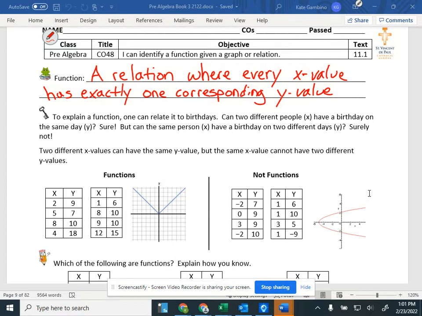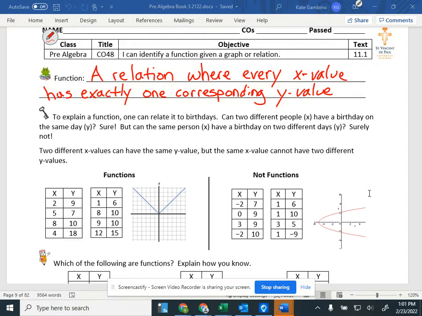So to explain a function, one can relate it to birthdays. Can two different people, x, have a birthday on the same day? Y. Can you have a birthday buddy? Yeah. Sure. Okay, so you can have birthday buddies. It's still a function.